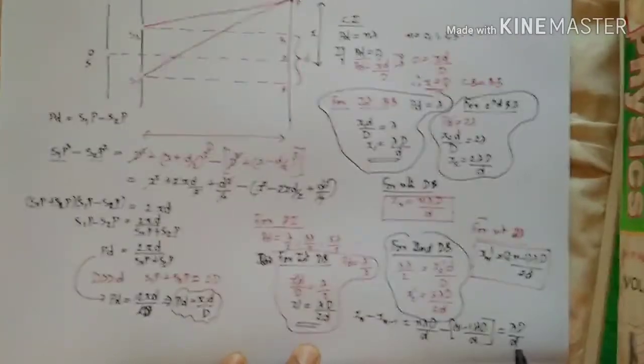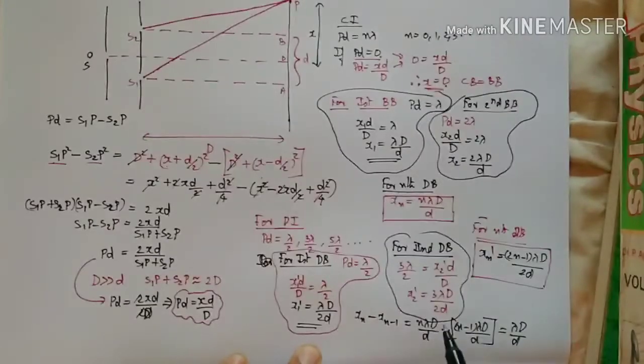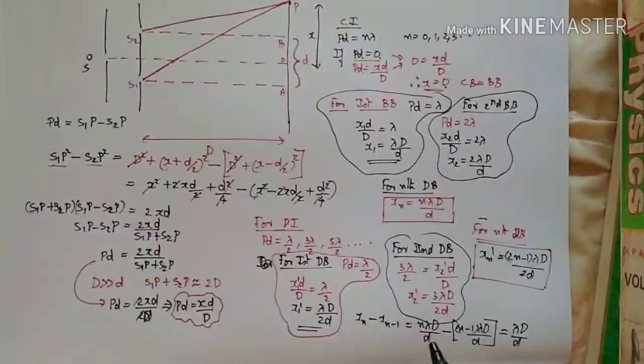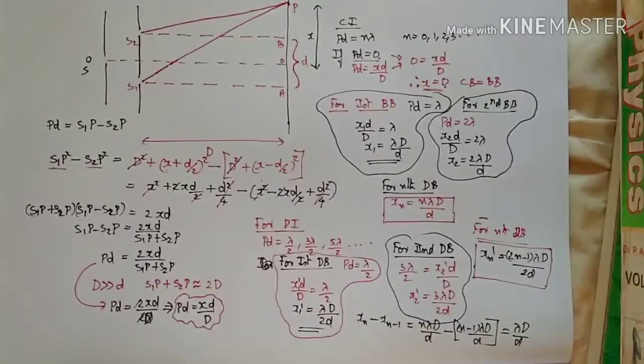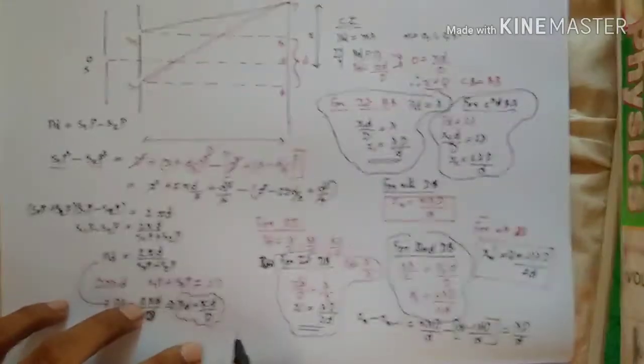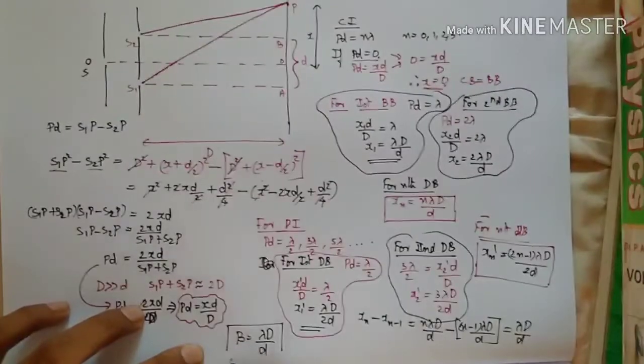This is the distance between consecutive bright bands. It is called fringe width. Fringe width beta is equal to lambda capital D by small d. This is our expression for fringe width. Okay.